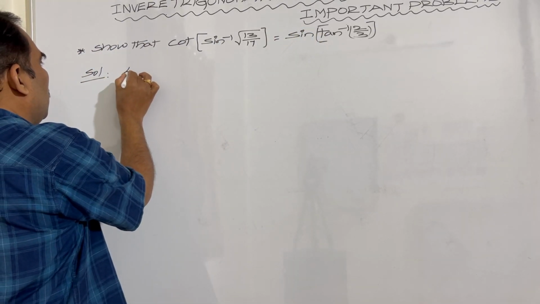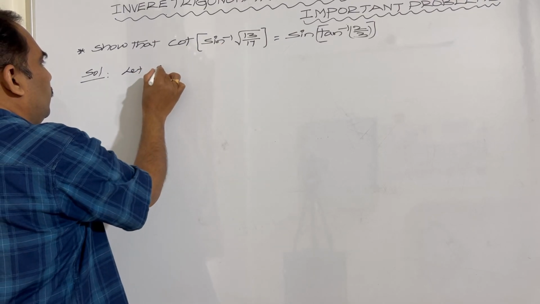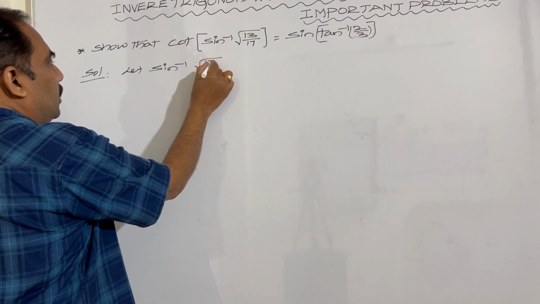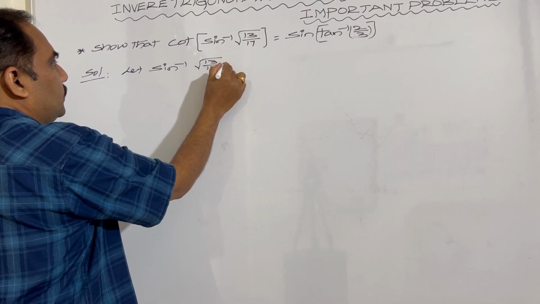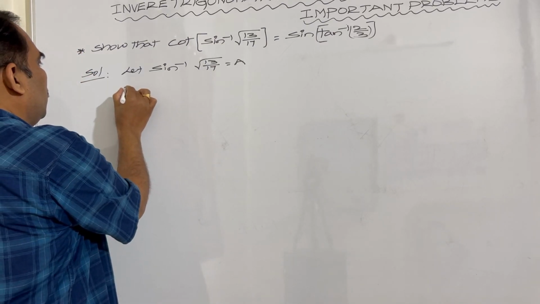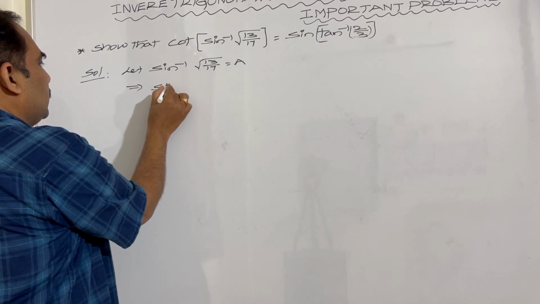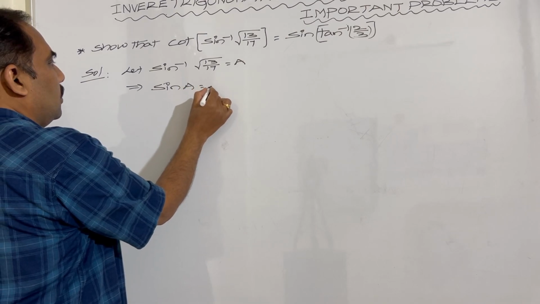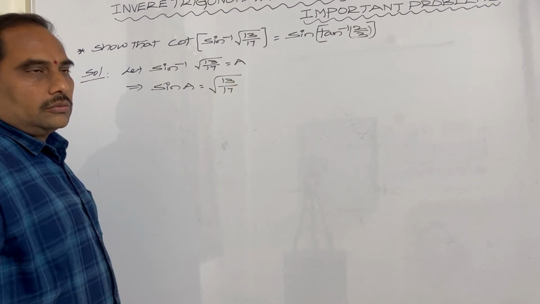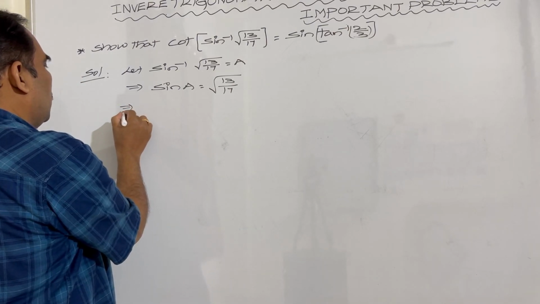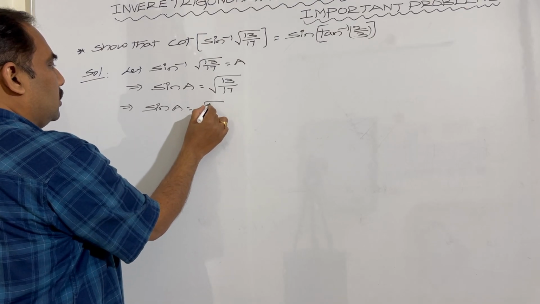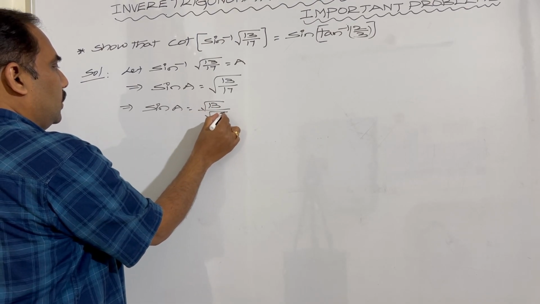Now let the inverse angle, sine inverse of root 13 by 17, be equal to some angle A. From this we get sine A is equal to root 13 by root 17.